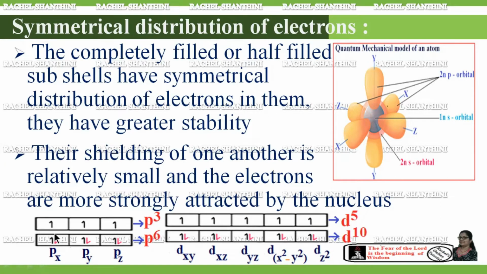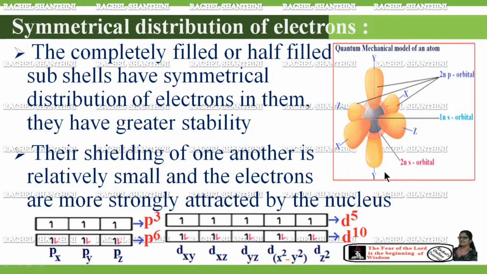If you look at the degenerate p orbital and d orbital here, you could see the symmetrical distribution of electrons, right? If they have the symmetrical distribution of electrons in them, then they have a greater stability.